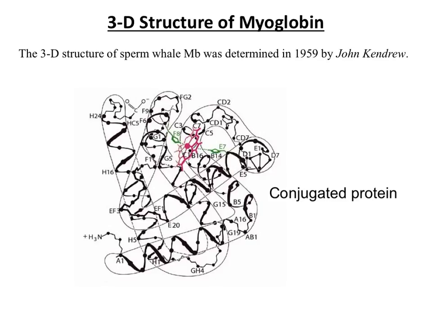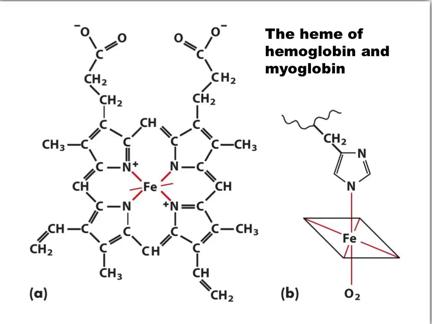Conjugated proteins are those that contain a non-proteic part. The non-proteic part of myoglobin is a heme. It is an organic molecule with an iron center where oxygen binds.